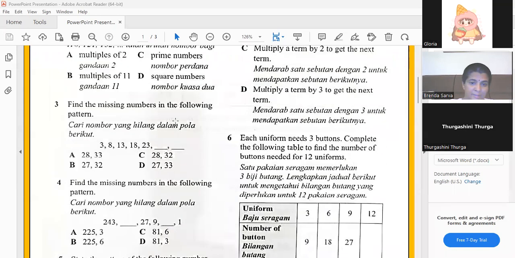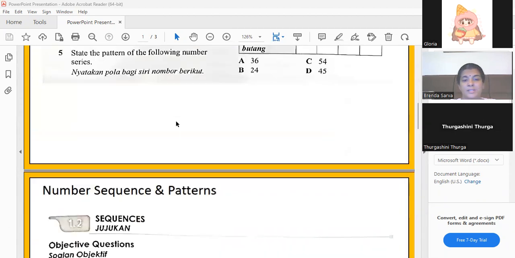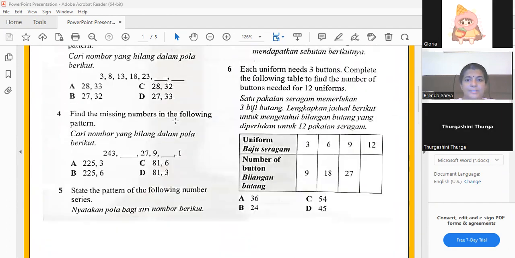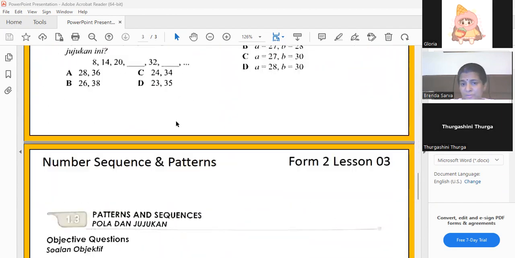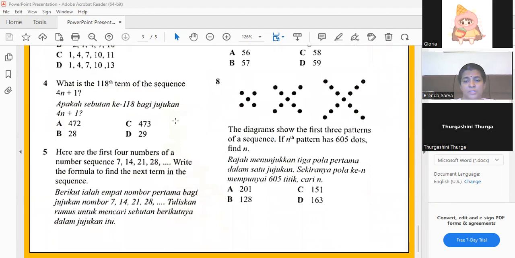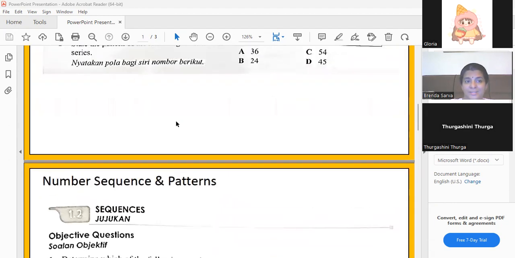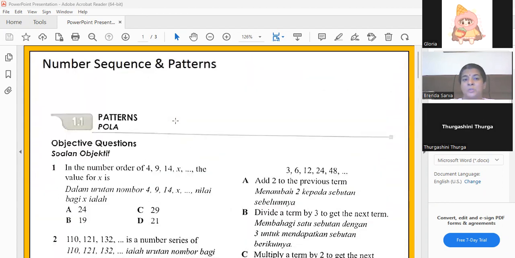Some questions are objective, some are subjective. There are 3 pages here for us to do, and I think all of it is objective questions. However, objective or subjective, we still need to understand. Please give me your answers via chat.